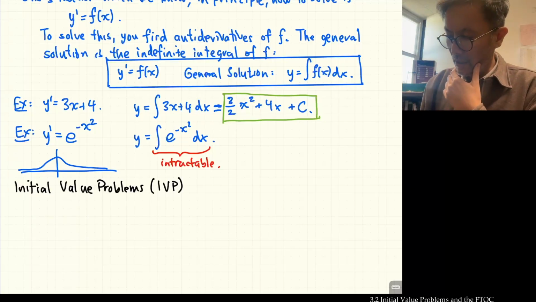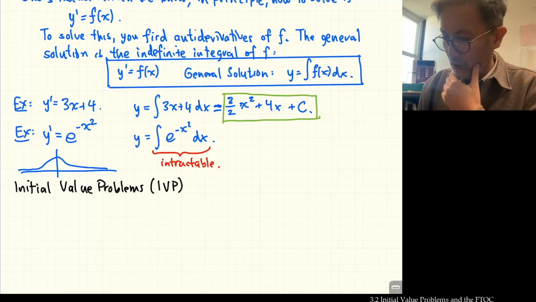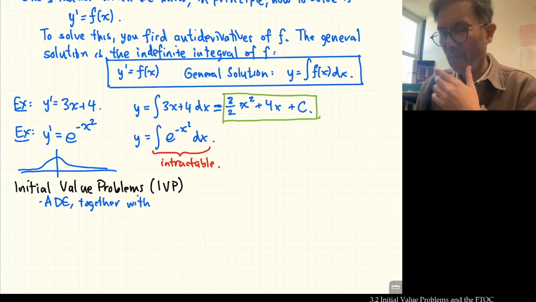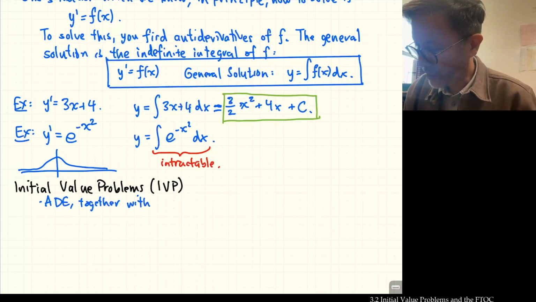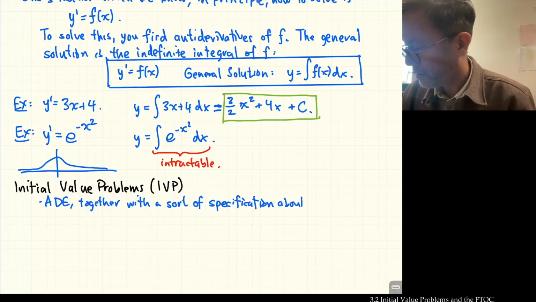And this is a differential equation, let me write this in blue. This is a DE together with a particular sort of specification about solutions.